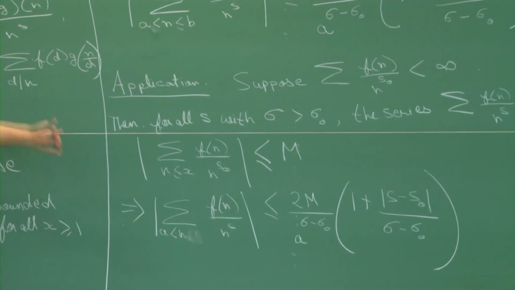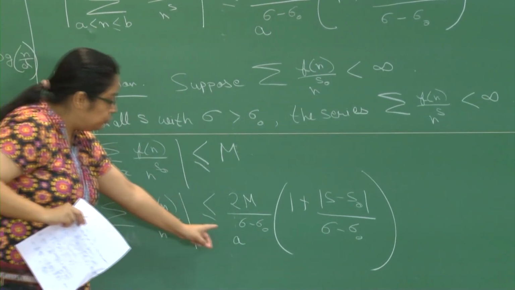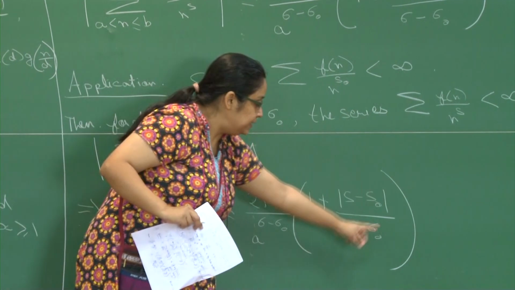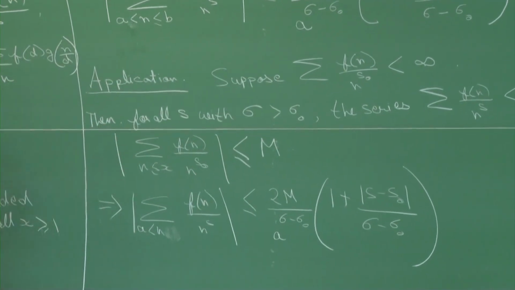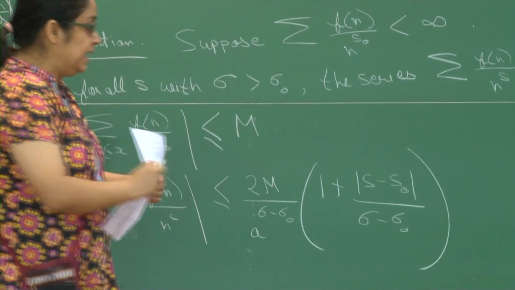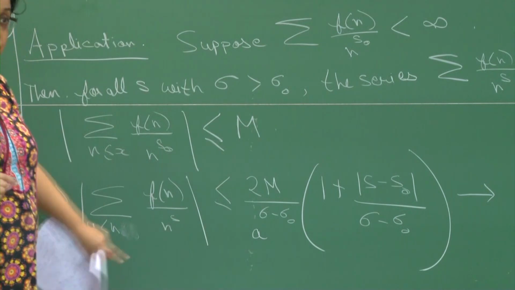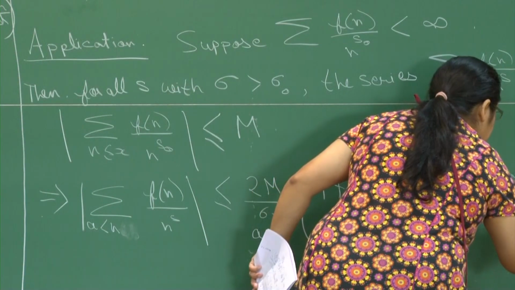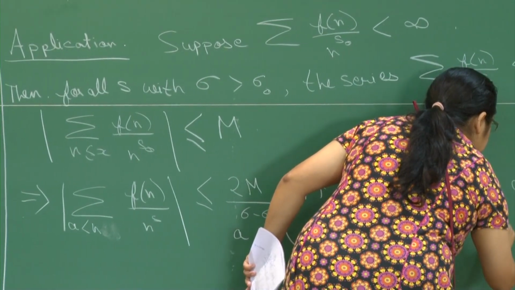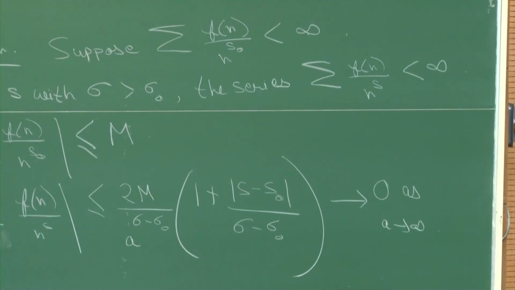This is the tail of your series. And as a goes to infinity, this right hand side just converges to 0 because no other term is influenced by a. So since sigma is greater than sigma 0, this goes to 0 as a goes to infinity.